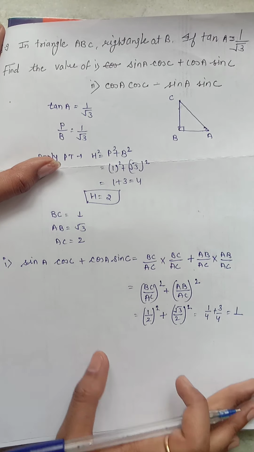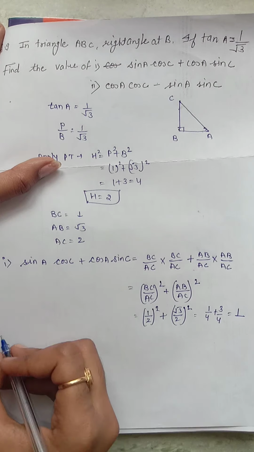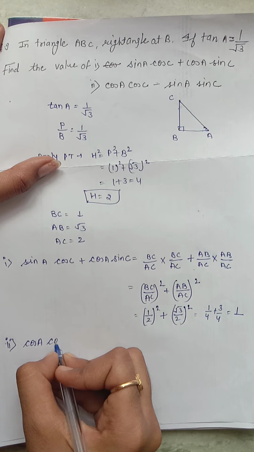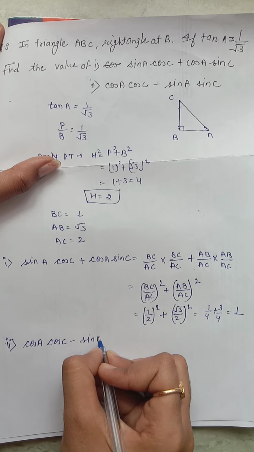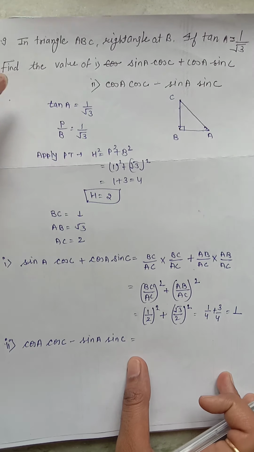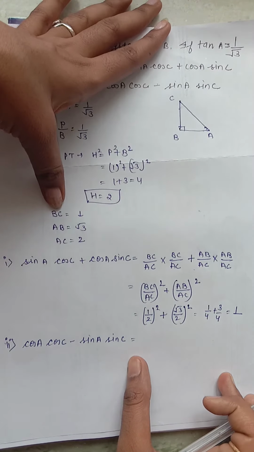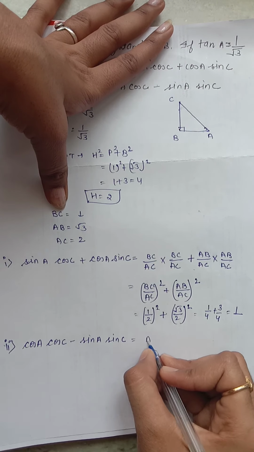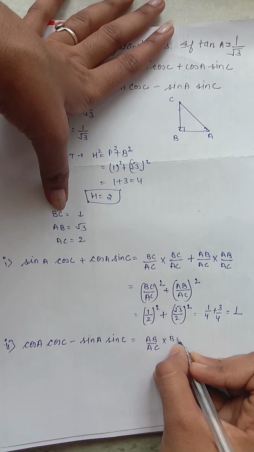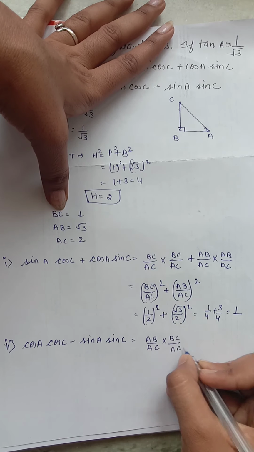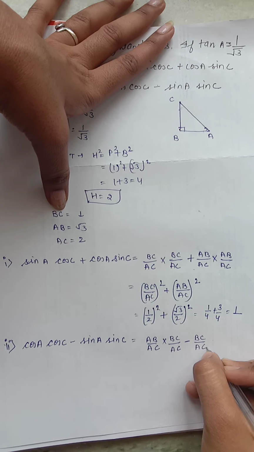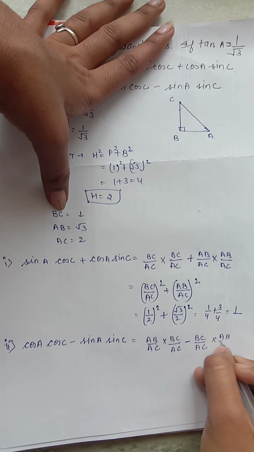Is it clear? Now come to the second part of the question, that is cos A cos C minus sin A sin C. Cos A is AB upon AC, cos C is BC upon AC, minus sin A, BC upon AC, sin C, AB upon AC.